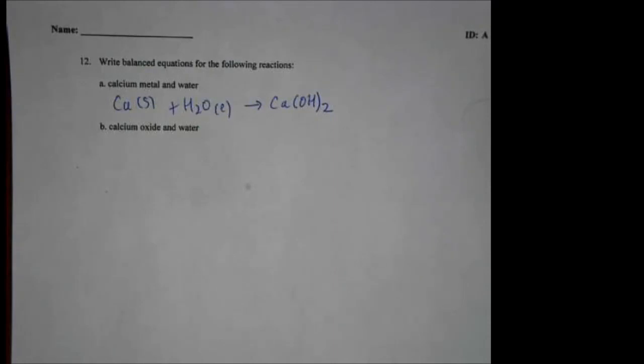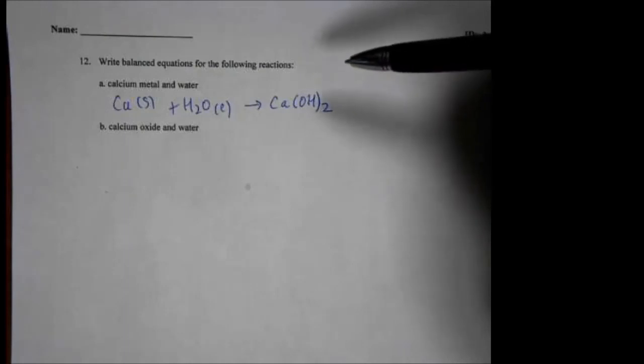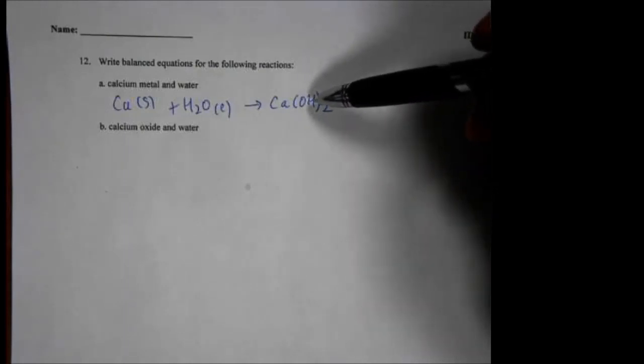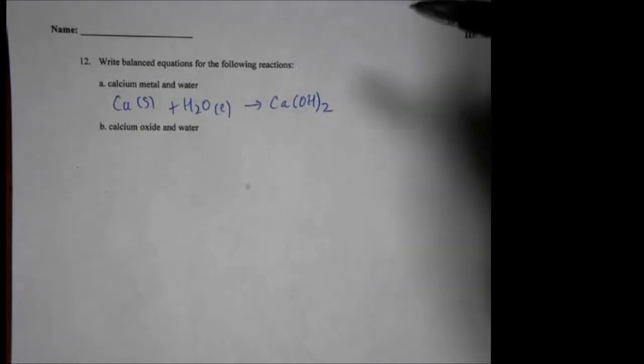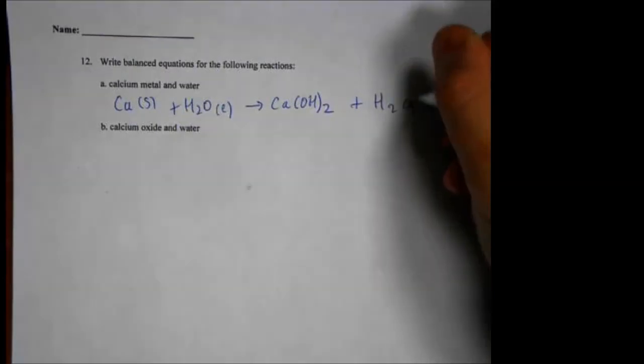So in this case, when we balance this, we have two H's and O's over here, and oh, I forgot one of the products. The other thing is that in order for calcium to be oxidized to calcium 2+, we also have to form H2 gas.